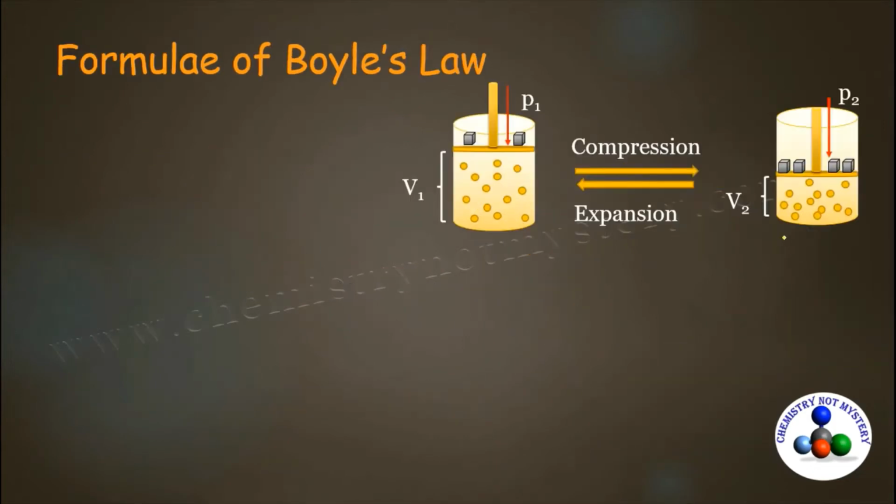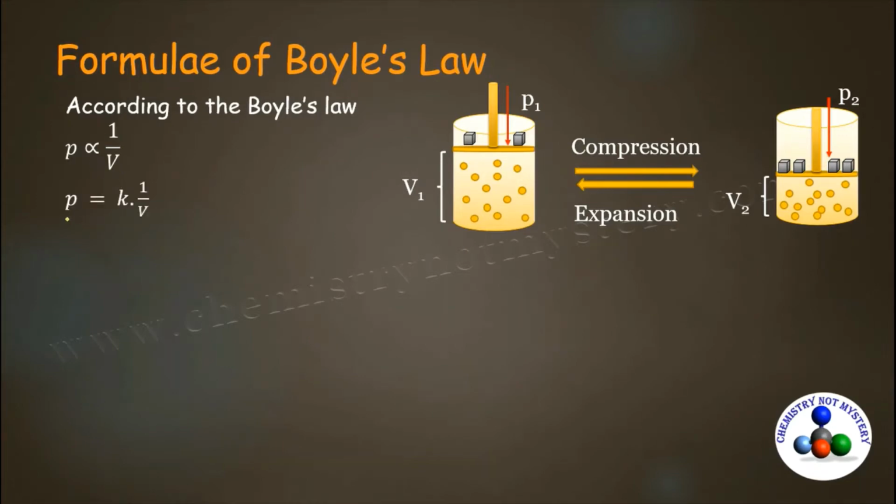Now let's derive the formula for Boyle's law. According to Boyle's law, pressure is directly proportional to 1 over V. When we remove the proportionality sign, we get a constant. So we get the equation P is equal to K multiplied by 1 over V, where K is a proportionality constant.